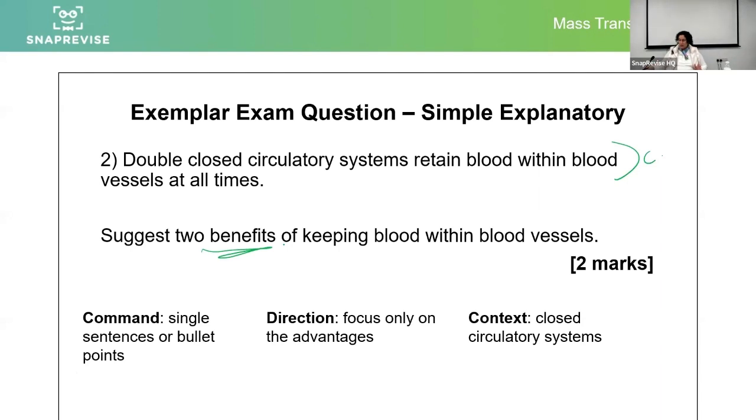Take a minute to answer that for yourselves before we look at the answer together.